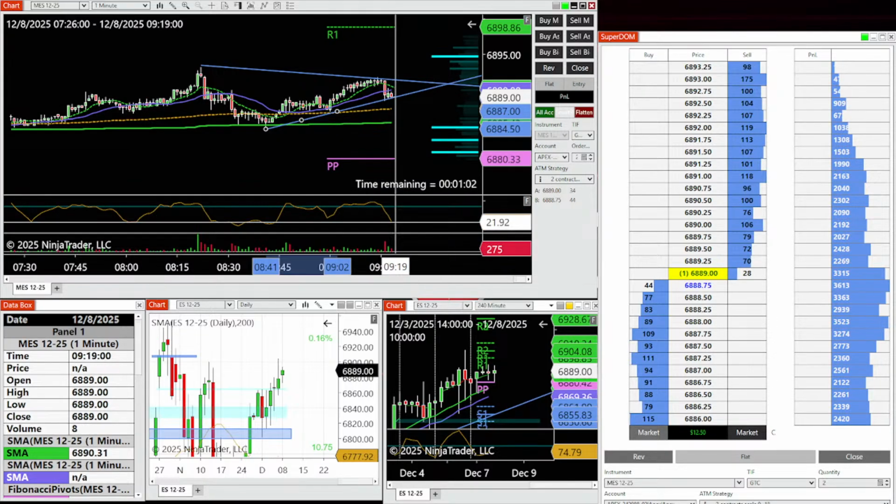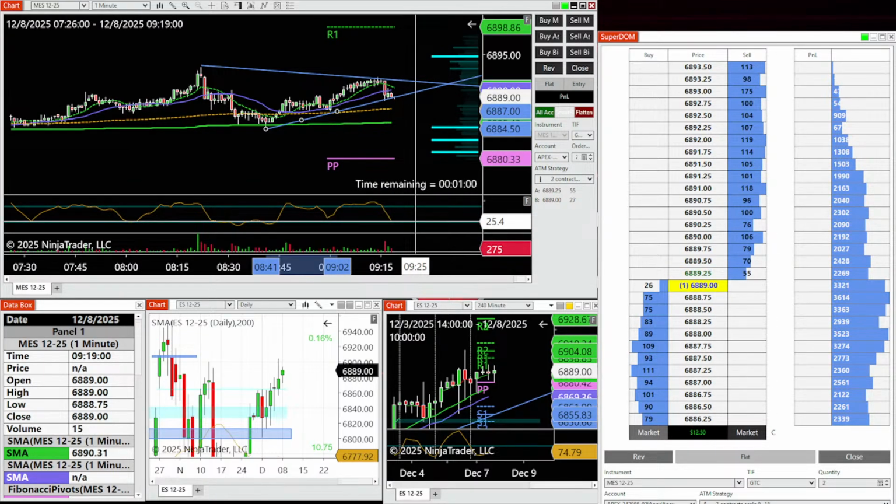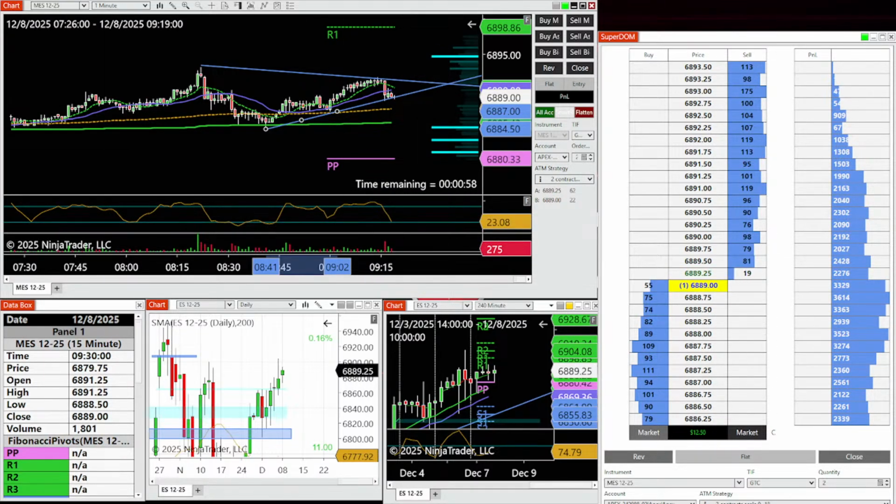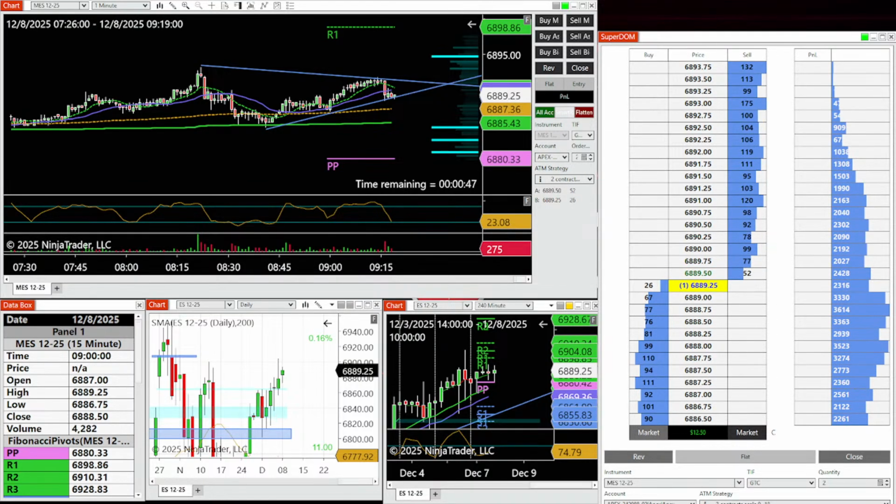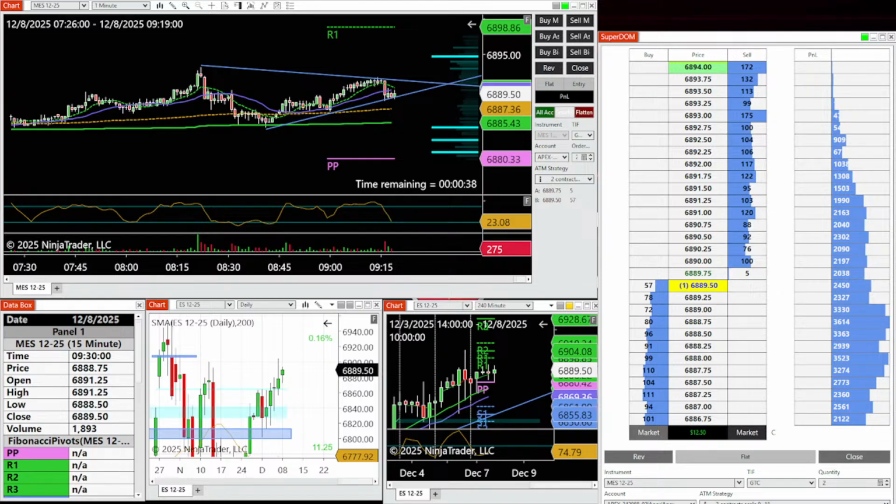The 15-minute chart is showing a red bar that came back into point of control at 88.75.